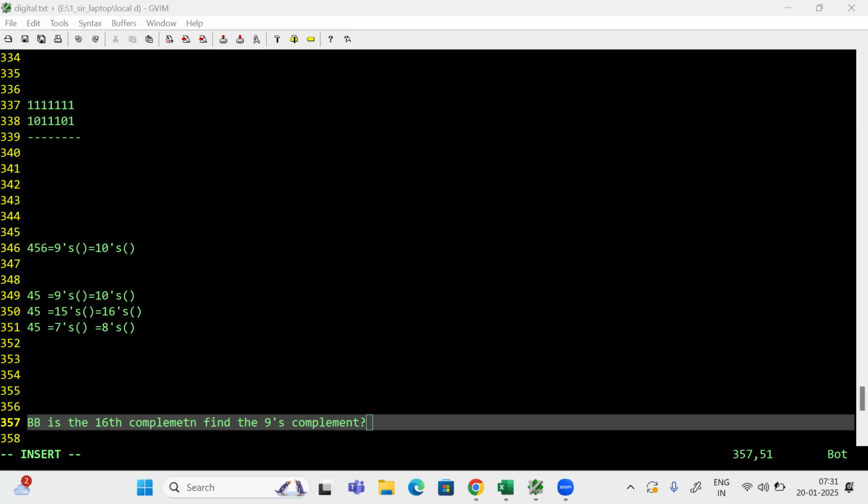Do you think in a gate they will give 9 and ask you 10's complement? Give 1 and ask you 2's complement? You want to crack the Intel exams or Qualcomm interview exam?